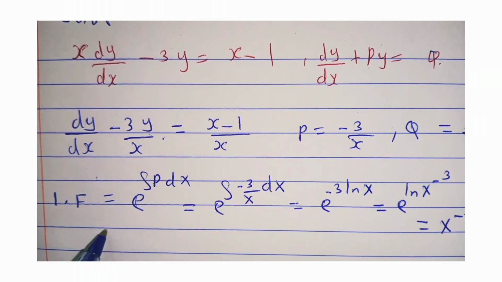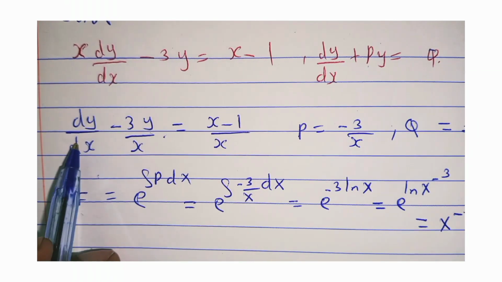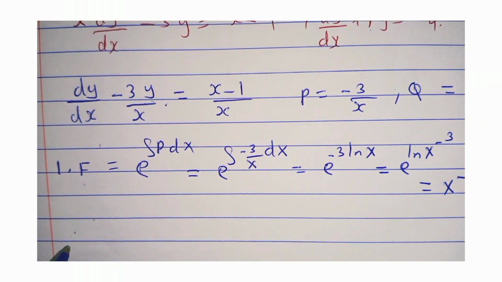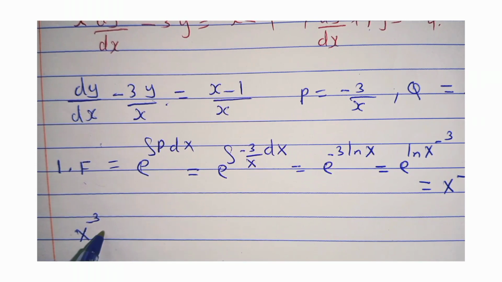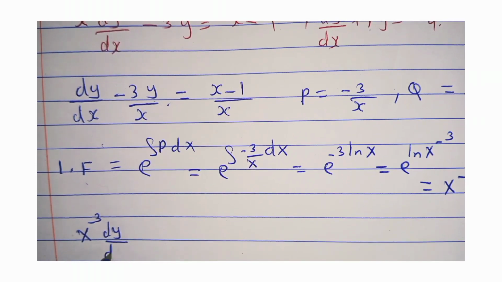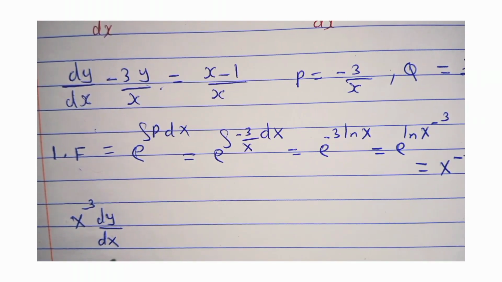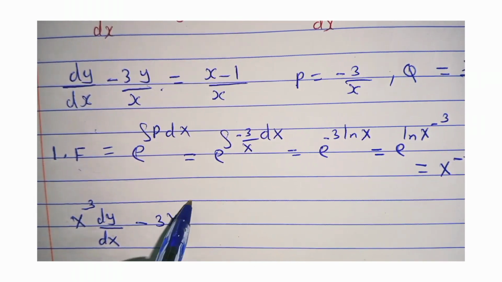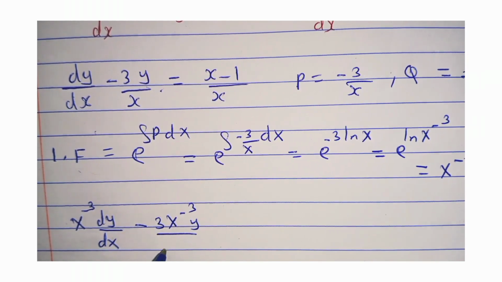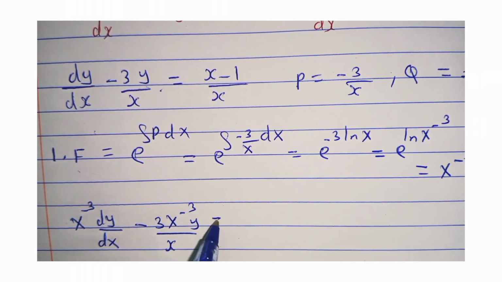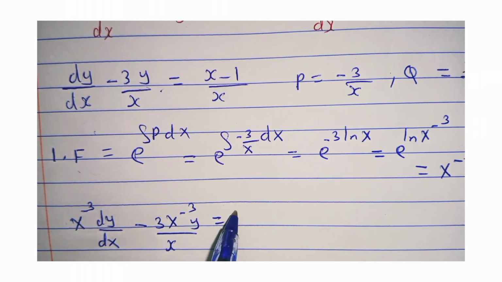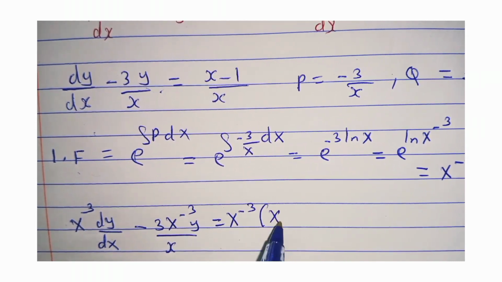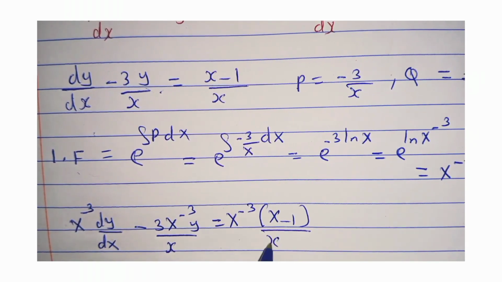Then what we are going to do now is multiply this equation by the integrating factor. So, multiplying with the integrating factor, we get x to the power negative 3 dy over dx minus 3 x to the power negative 3 y divided by x, which is equal to x to the power negative 3 into bracket x minus 1 over x.